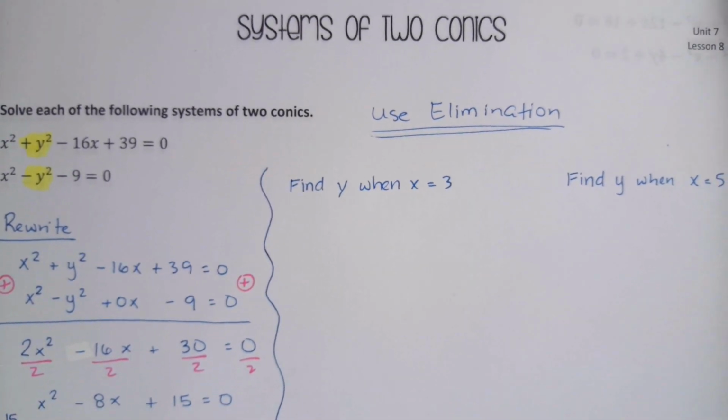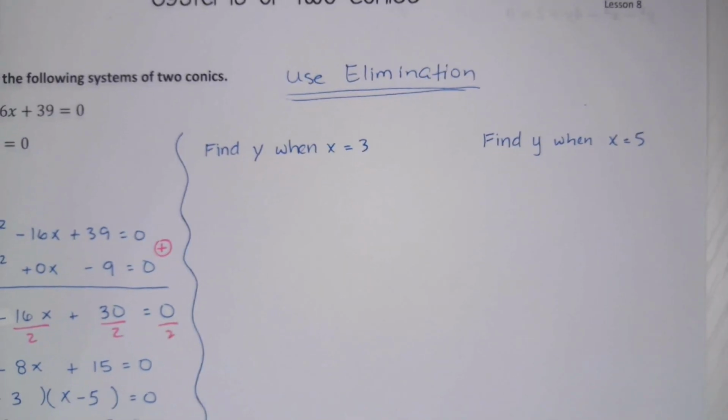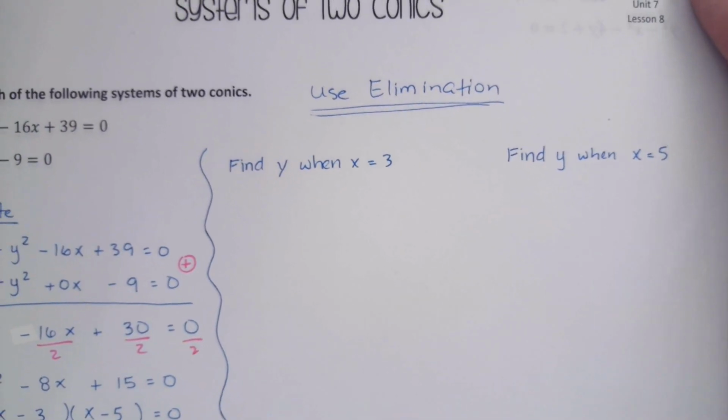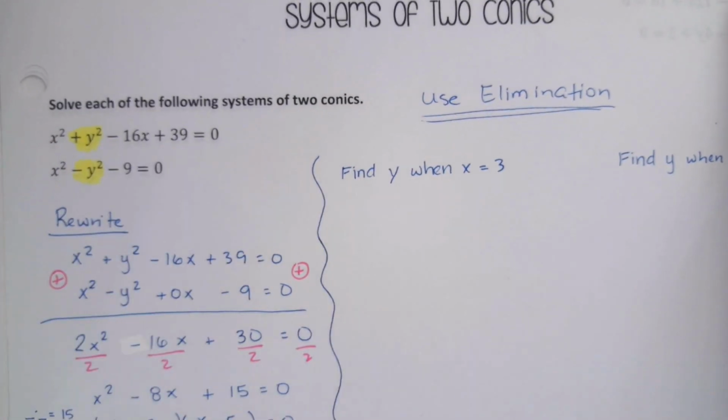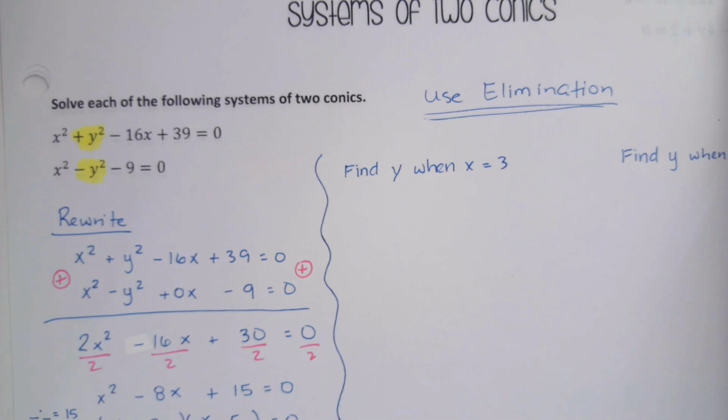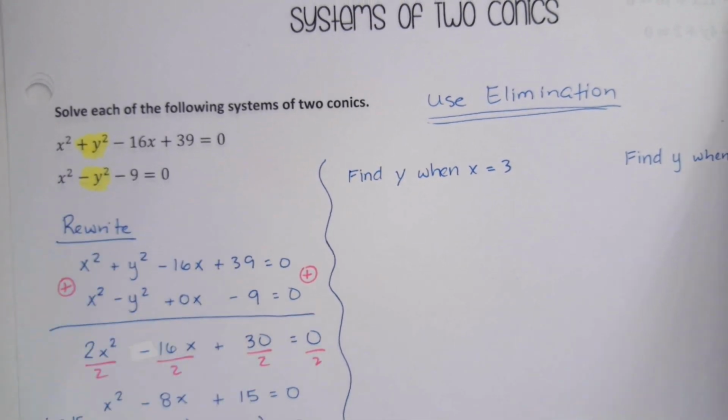Now, unlike the lesson that we had on the Friday before spring break, we don't have a good place to plug this into. Both of these look like they're going to be a little annoying to plug an x value into. The bottom one is probably better, but either would give you the same answer.